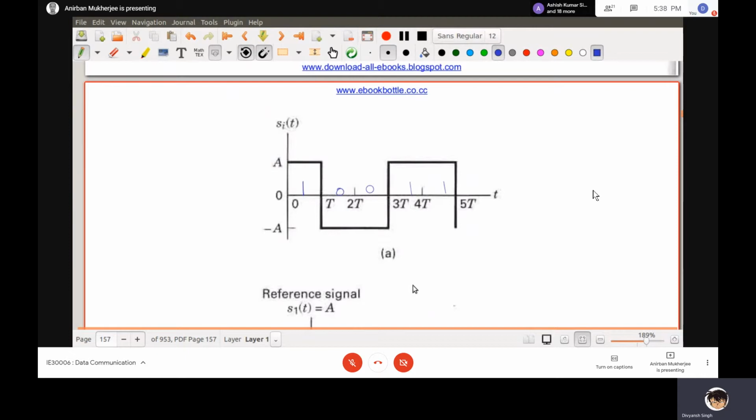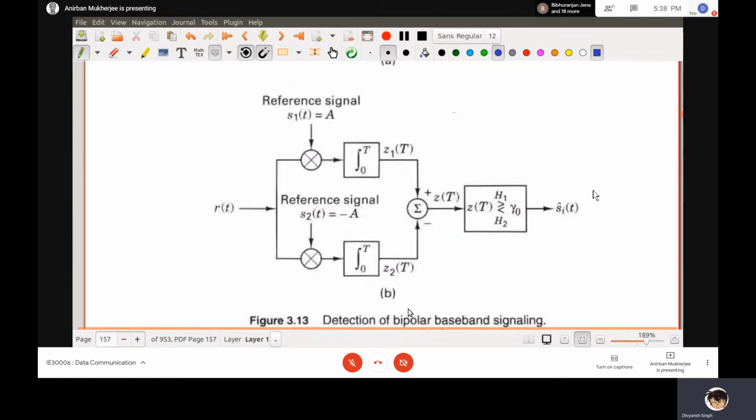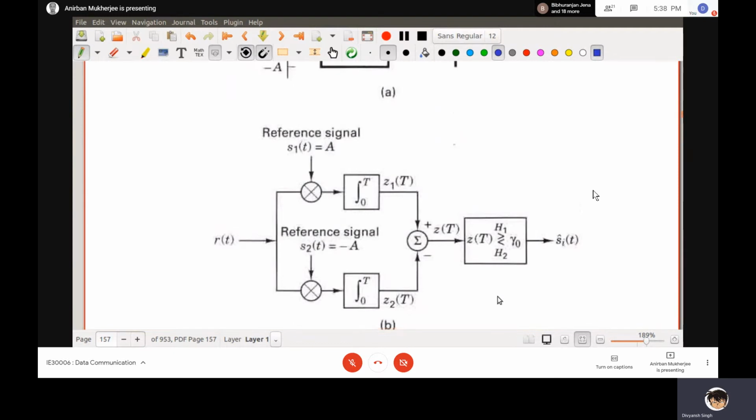Now, instead of S1, I am using this reference signal. Please remember the previous case, where I took the reference signal as S1 minus S2.